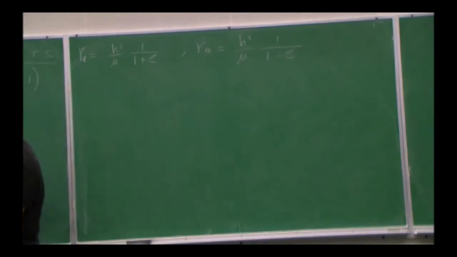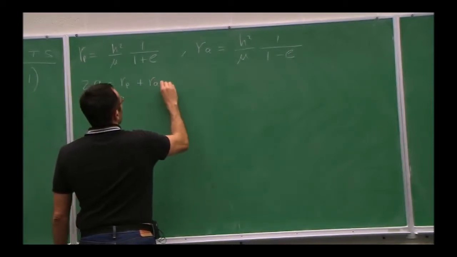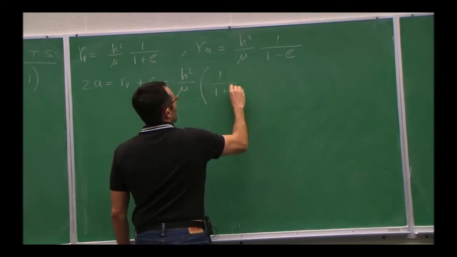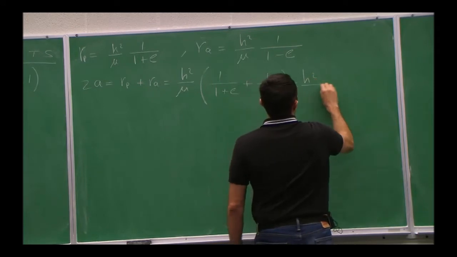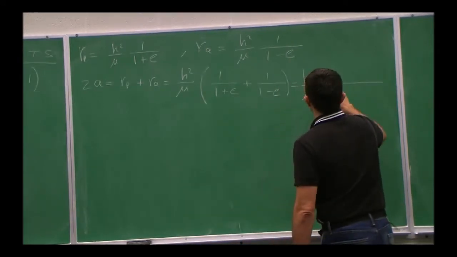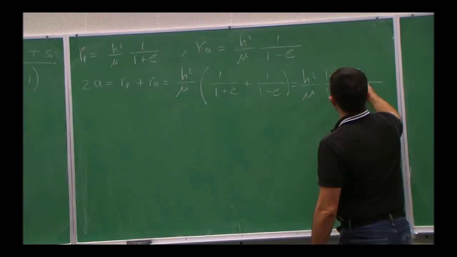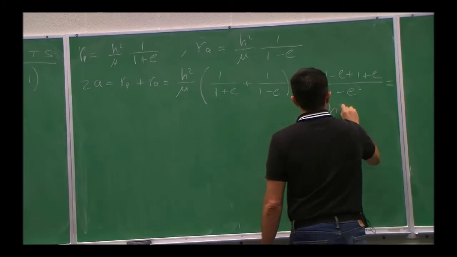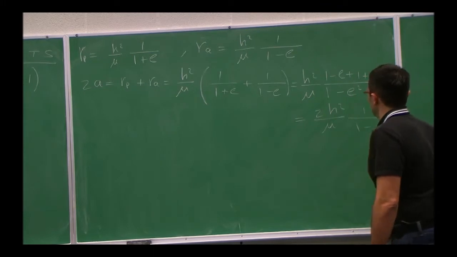And so this entire length 2a is going to be equal to rp plus ra, which means h squared over mu, 1 over 1 plus e plus 1 over 1 minus e, which is h squared over mu. Here we have 1 minus e squared. At numerator we have a 1 minus e plus a 1 plus e. So you get 2h squared over mu, 1 divided by 1 minus eccentricity squared.